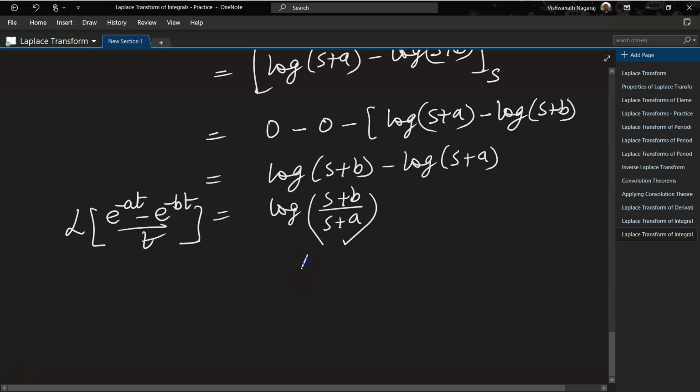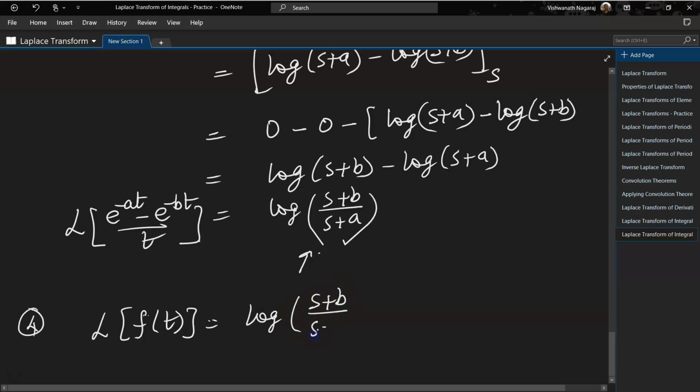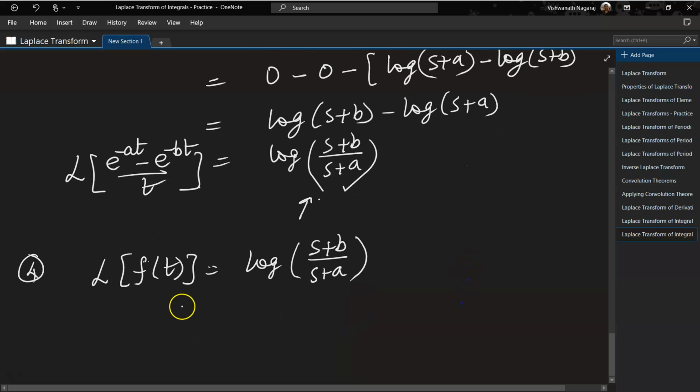Let's begin with this. So my next problem is the Laplace transform of f of t is equal to log of s plus b by s plus a. What we have to do is figure out f of t.